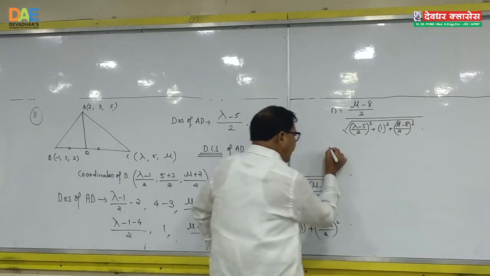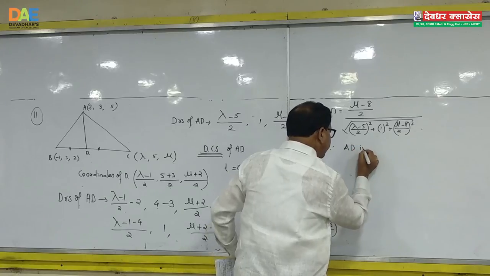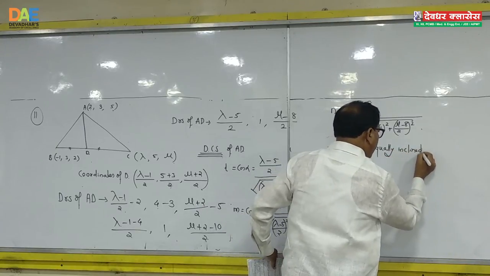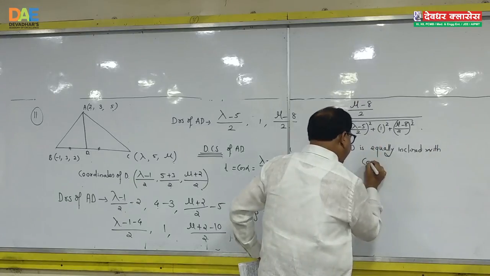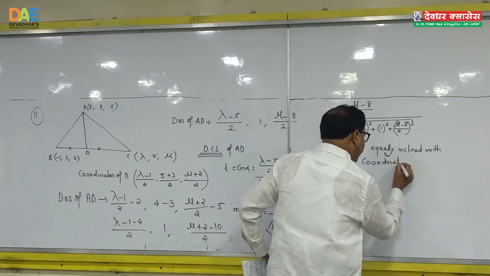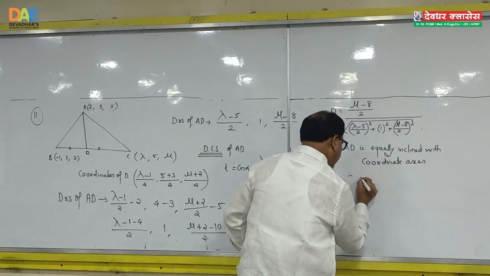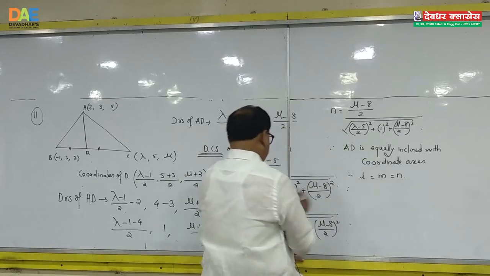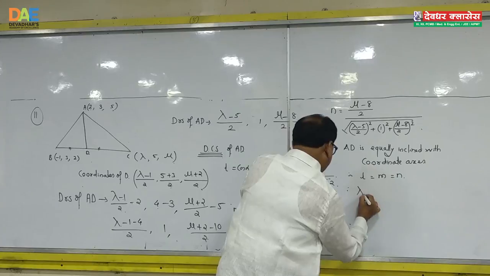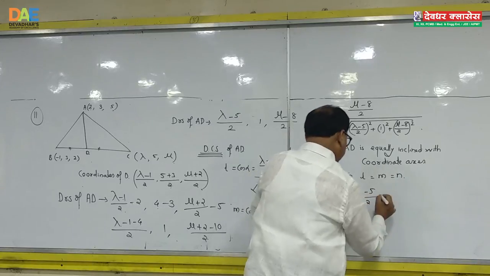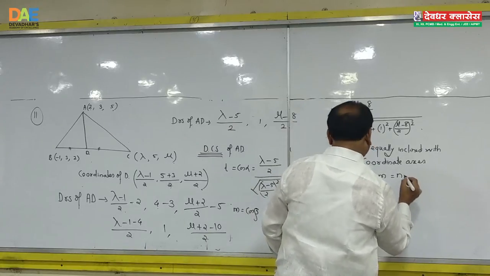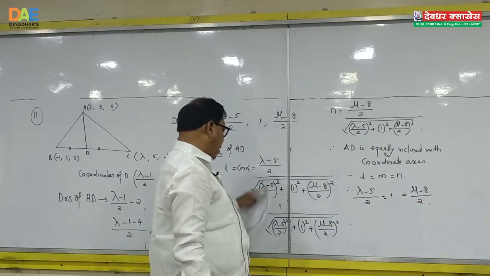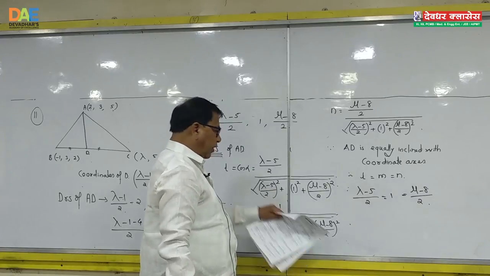Now it is given that since AD is equally inclined with the coordinate axes, therefore L is equal to M is equal to N. Obviously the denominator is the same, so we can directly say lambda minus 5 upon 2 is equal to 1 is equal to mu minus 8 upon 2, because we have the common denominator.